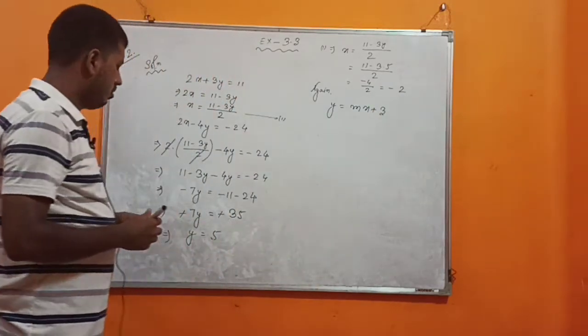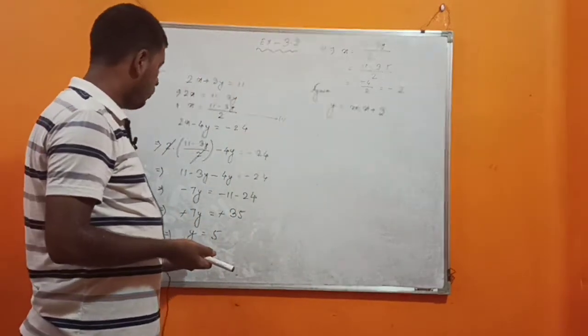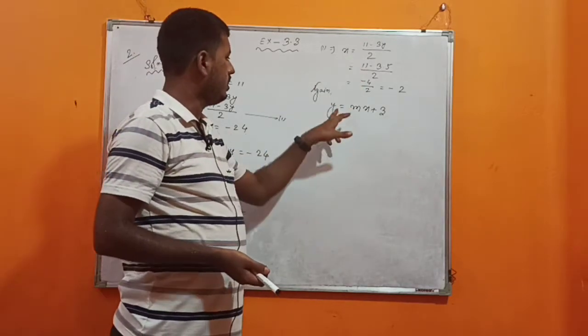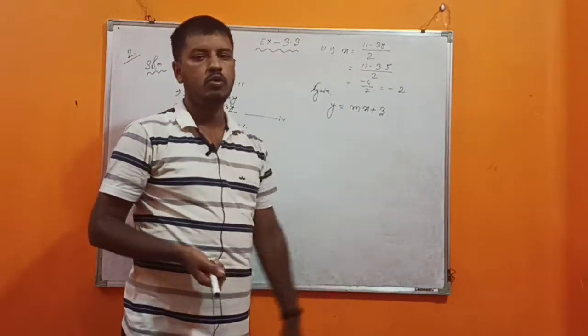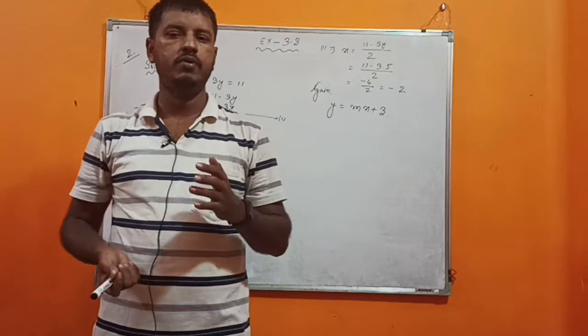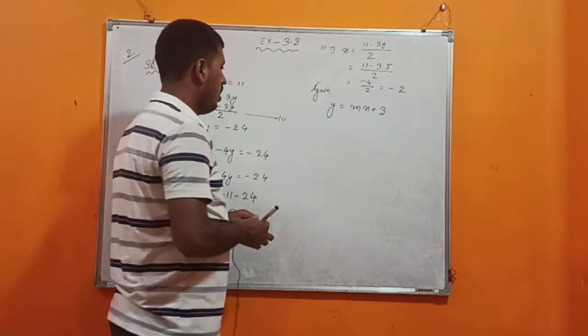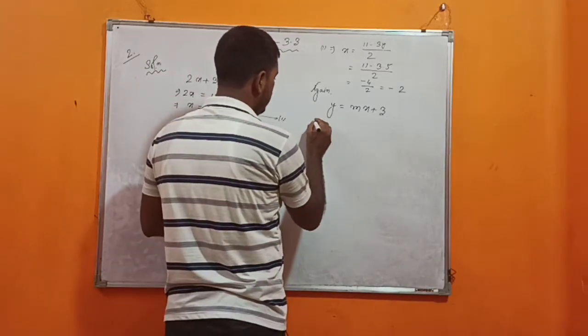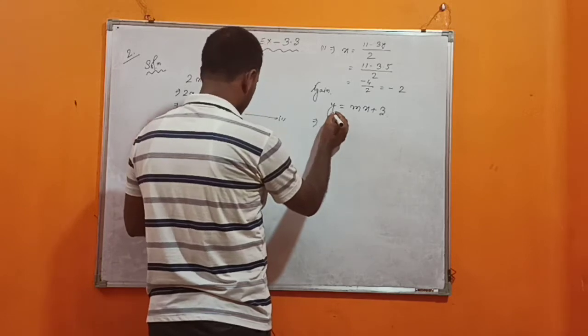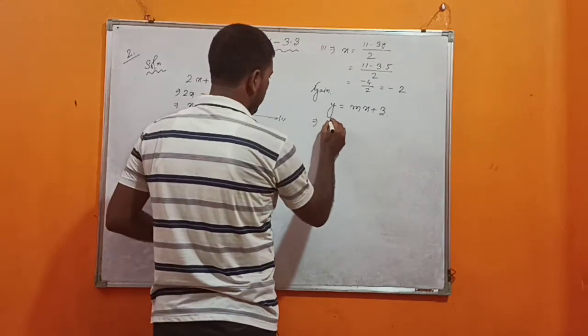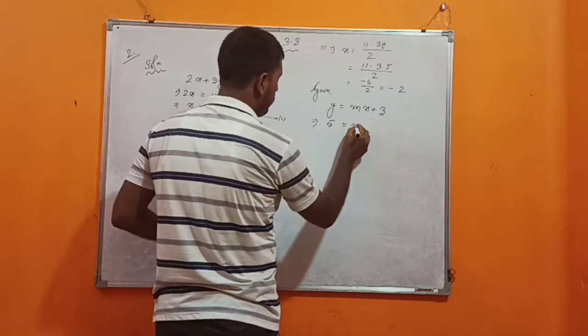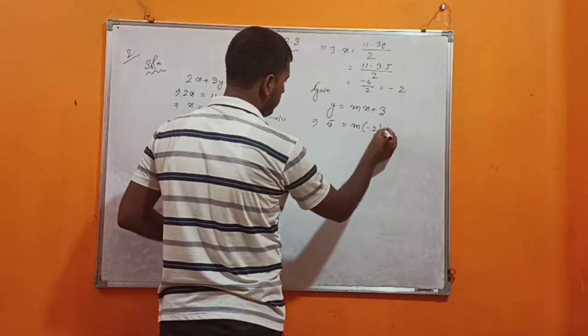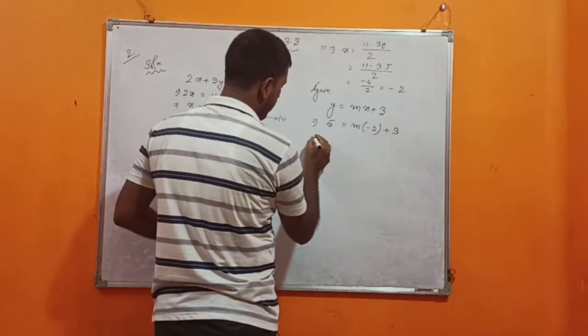Okay, so now putting the value of y and x in this equation, we are going to find the value of m. Okay, now y here is 5. 5 is equal to m into x, which is minus 2, plus 3.